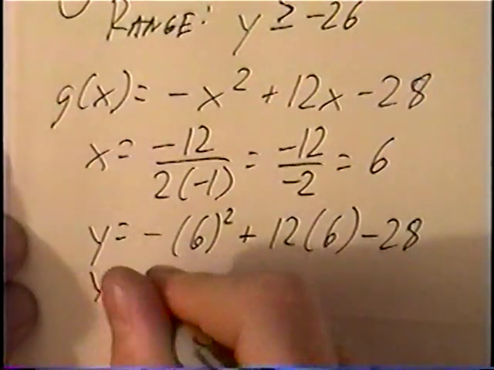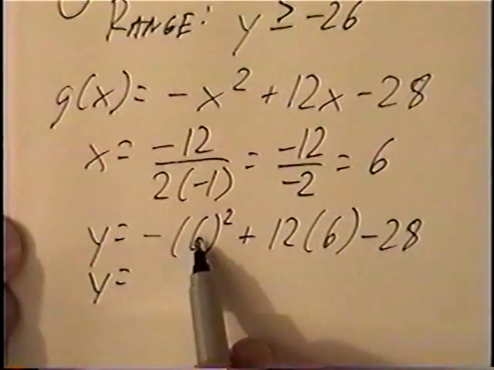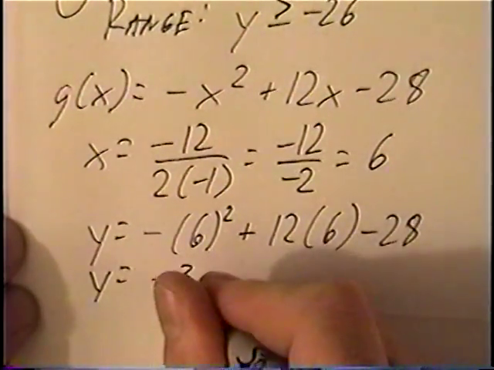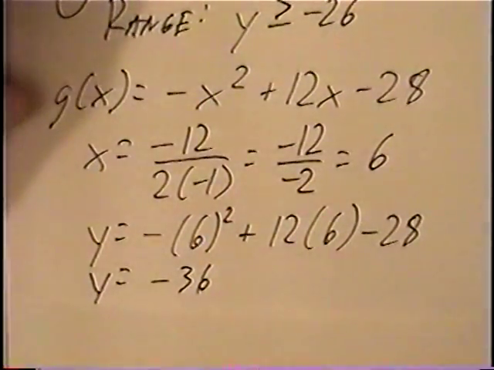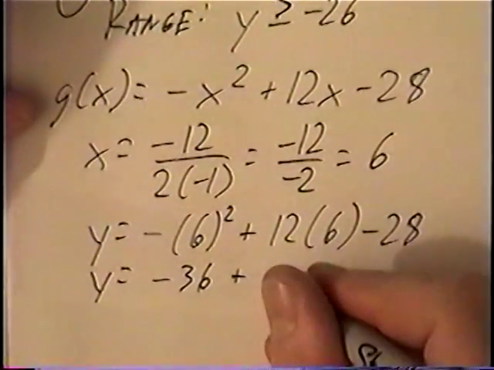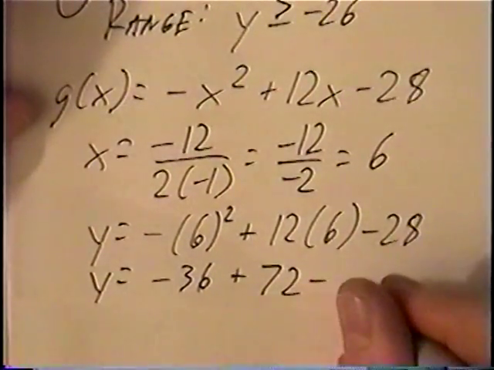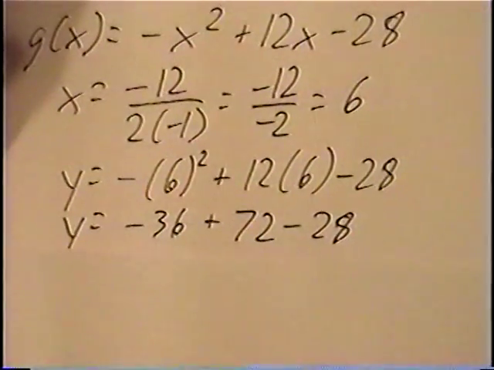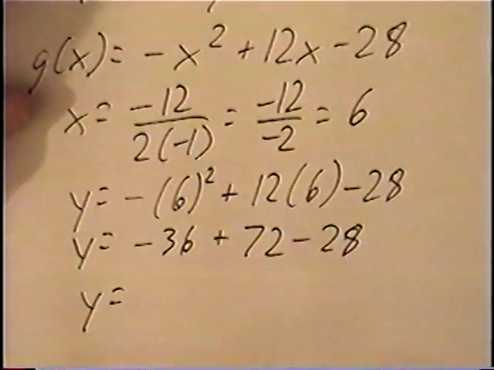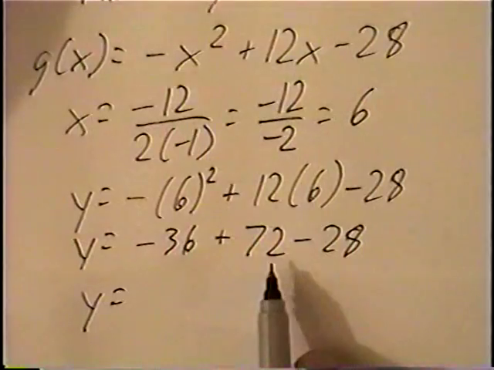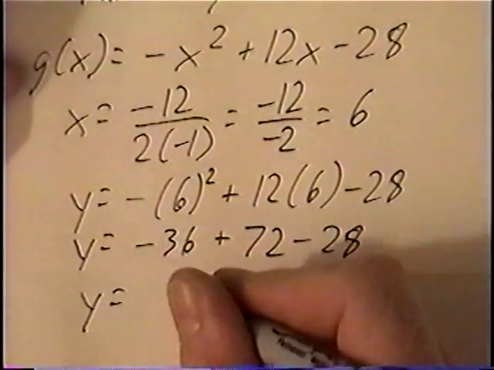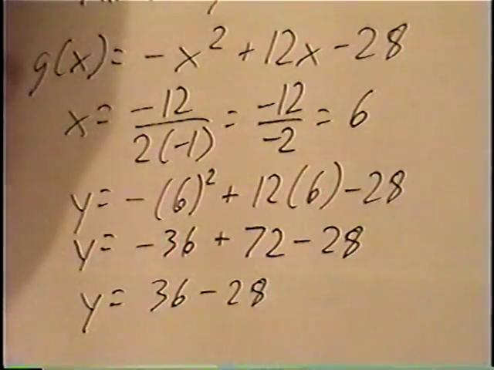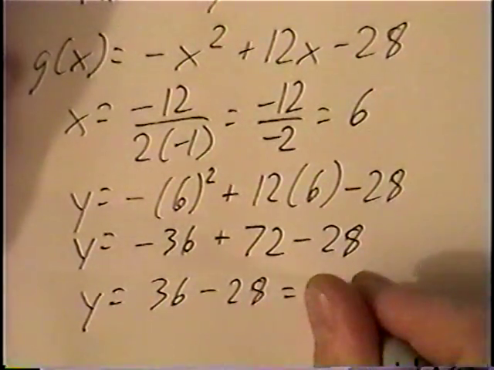Simplifying, we'll have y equals 6 squared will be 36, and then multiplying by negative, we'll have negative 36. 12 times 6 would be 72 minus 28. Y equals negative 36 plus 72 would be positive 36 minus 28 would be 8.